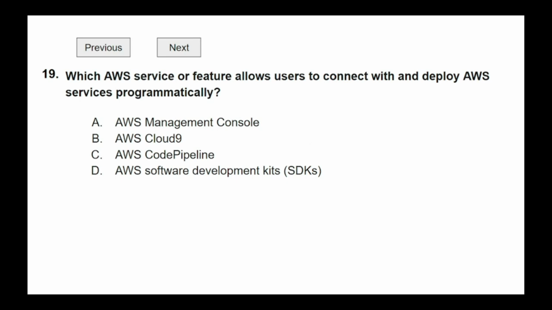AWS Software Development Kits, yes, this one will definitely help us to connect, and the catch was connect and deploy AWS services programmatically. So AWS Software Development Kits or SDKs will help us to connect and deploy. But Cloud9 will just help us to write the code. So the answer becomes option D.